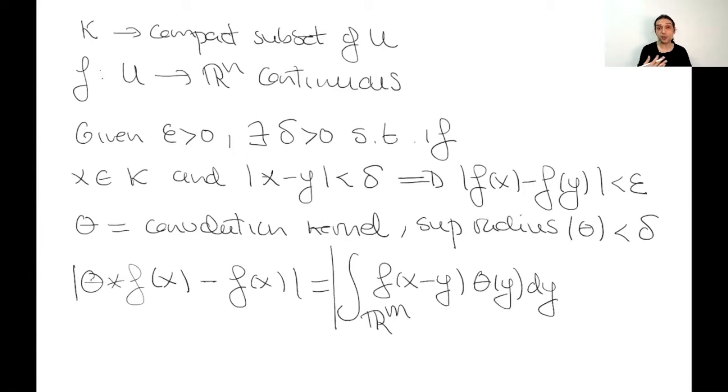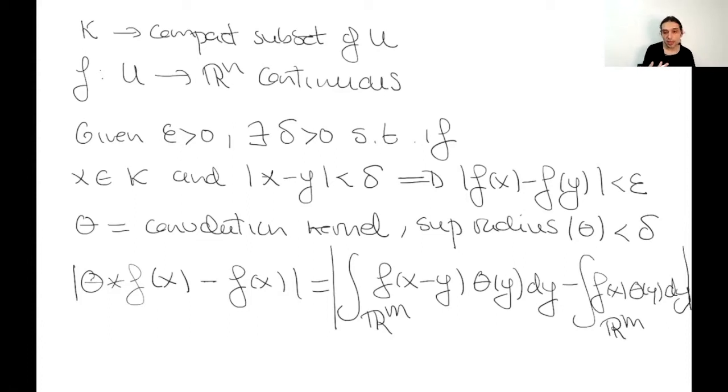But since the integral of theta is equal to 1, a condition that we didn't use yet, this is the integral of f of x theta y dy in Rm.